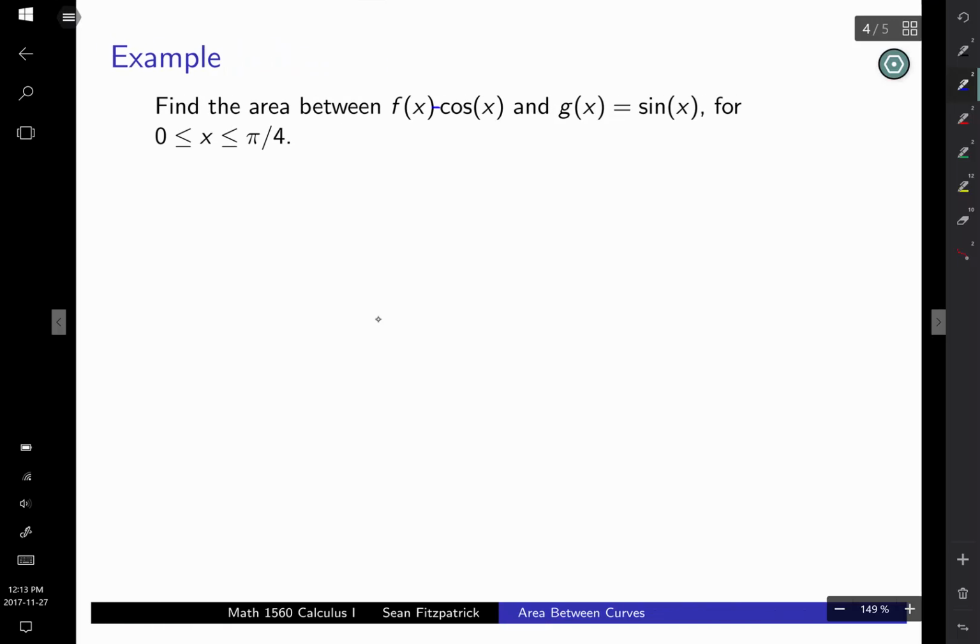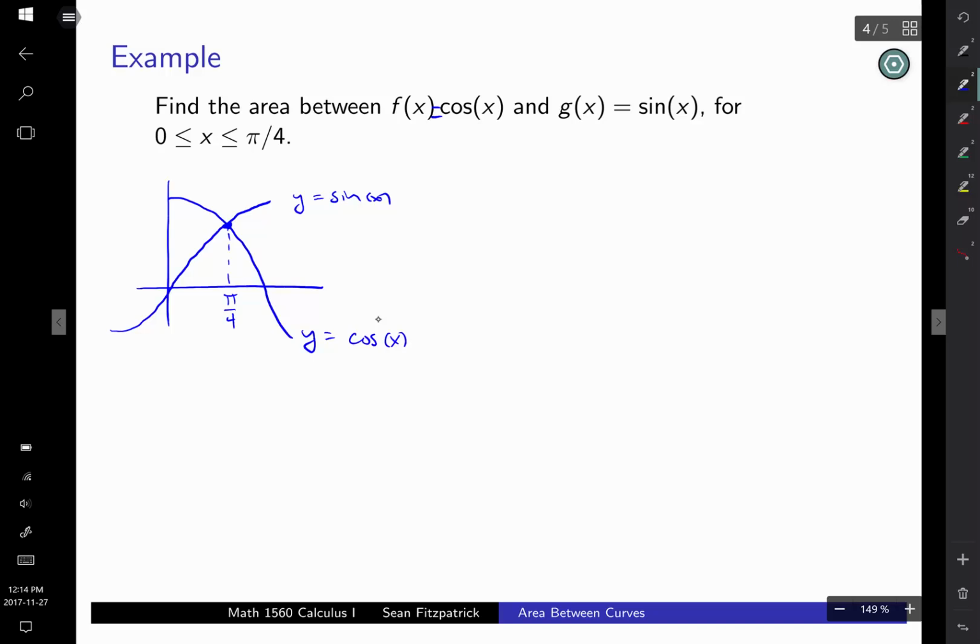Apparently I have lots of typos in my very last video. It's always a good idea to sketch things so we know what we're dealing with. So here's y equals cos x, and here's y equals sine x, and this point of intersection actually happens at pi over 4.